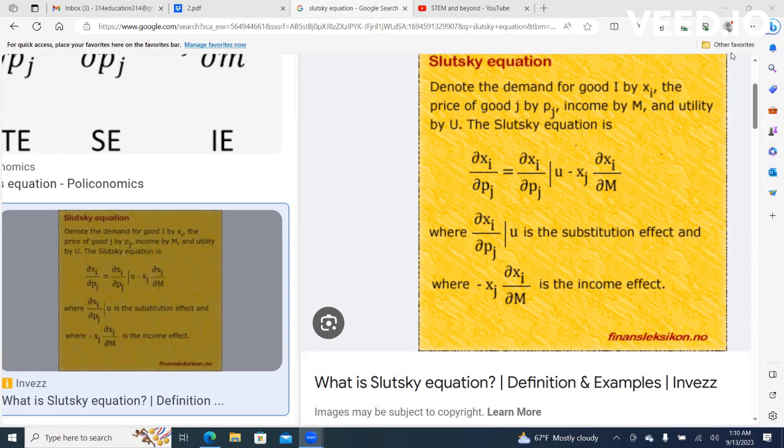So we'll talk about that in other videos, but this is more intermediate or advanced. We don't need this here. We're just talking about something that has nothing to do with the class, the Slutsky equation. But I just wanted to show one common depiction of it. So, that's the Slutsky equation. We don't need it for this course, but let's go back to the course.